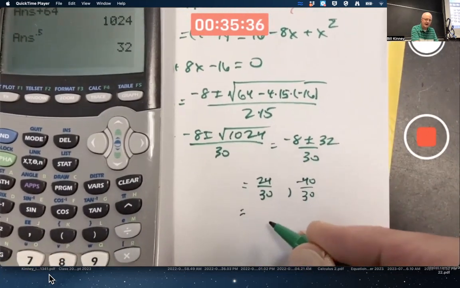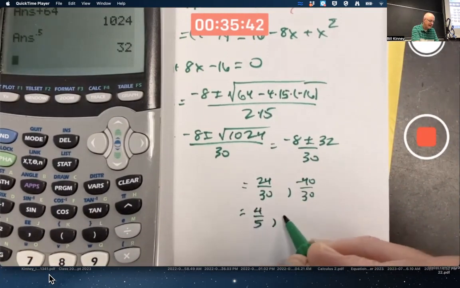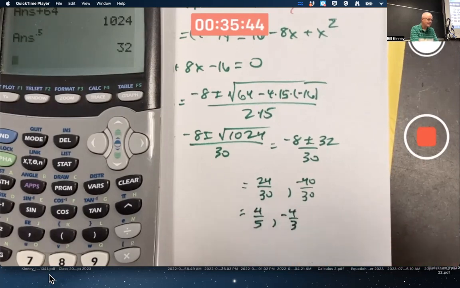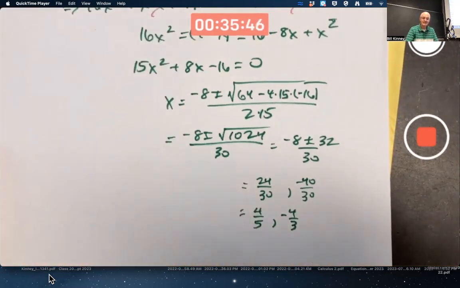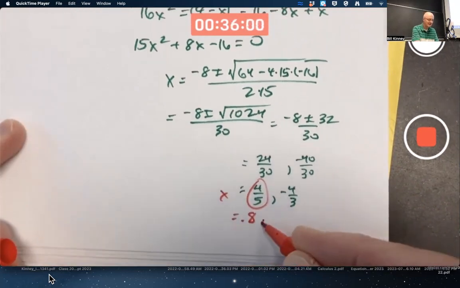These fractions simplify to what? 4/5 and negative 4/3. But x is a distance, so we better use the 4/5. That must be the answer. That's such a nice number. It must be right. x equals 4/5 or 0.8 miles.